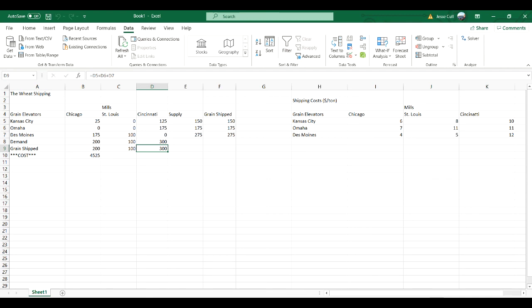But the key aspect of this is that this was the lowest possible cost with this cost array to meet that demand. And we did it for $4,525. That is how we solve a transportation problem.